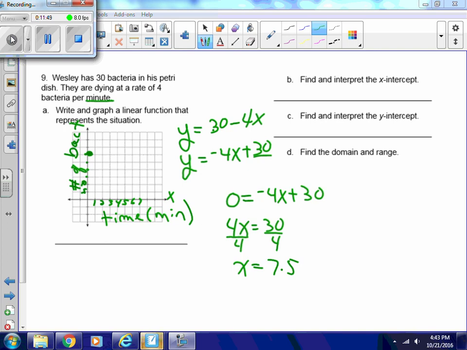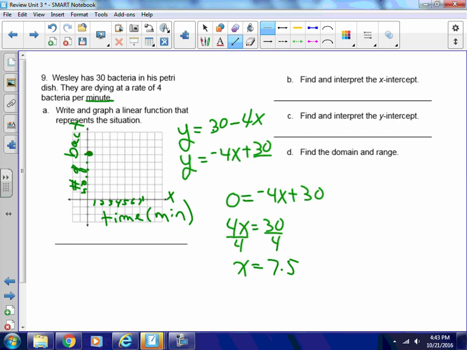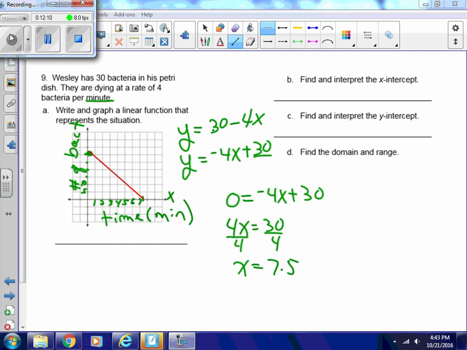So in 7.5 minutes, I will have no bacteria. And 7.5 is right about here. So I can graph that line, connecting my y-intercept where I start off with 30 bacteria, and in 7.5 minutes, I'll be down to no bacteria, and that is my line.